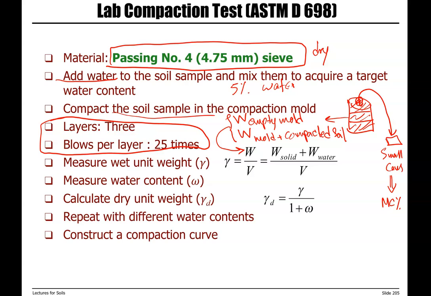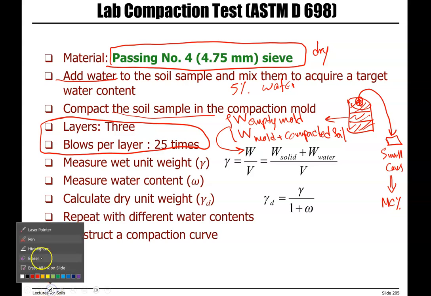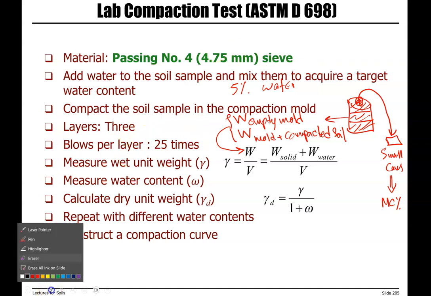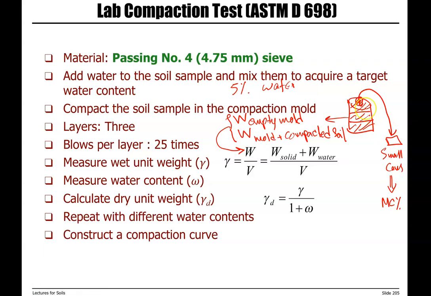So again, we start with a dry soil, add around 5% moisture content, and then start compacting in 3 layers, 25 number of drops per layer. After we're done with the compaction, we need to do 2 different measurements.